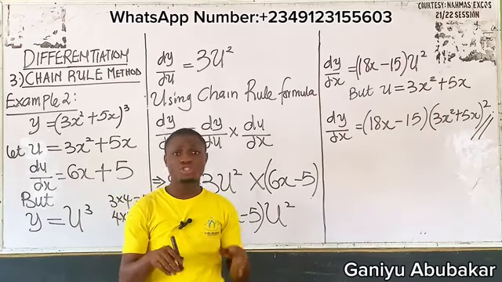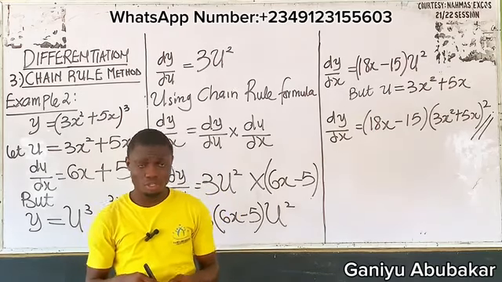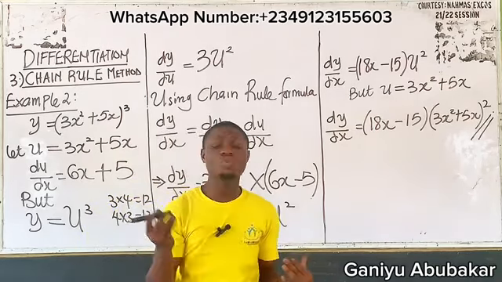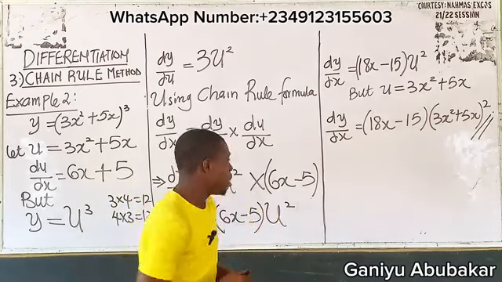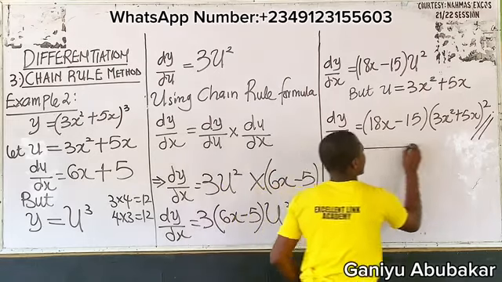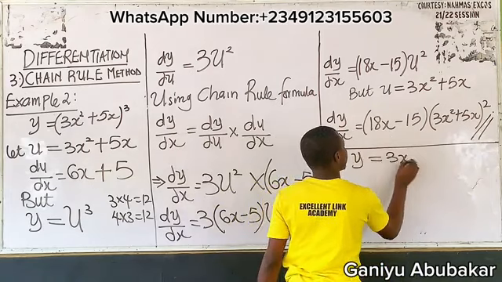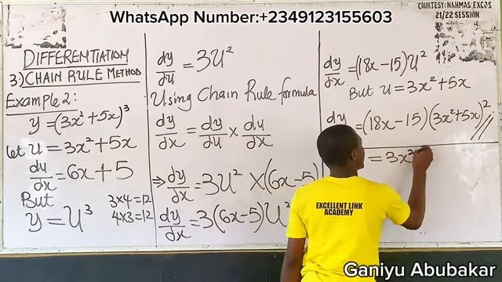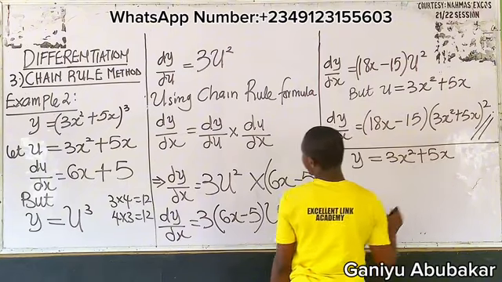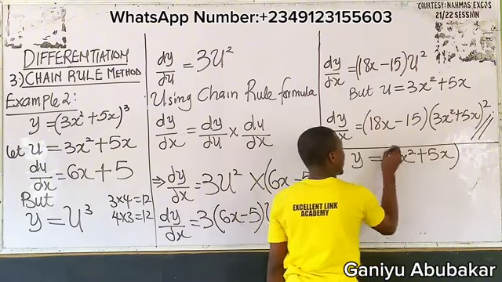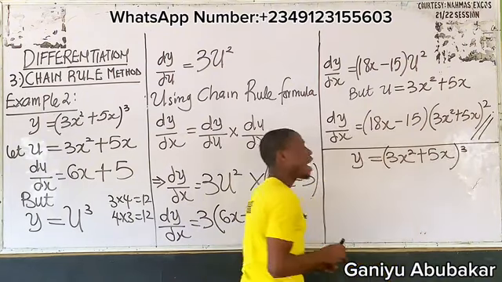Alright, let me just try to introduce the shortcut here, and then in our next class we'll look at the shortcut in full. So initially, my question here was y equal to 3x squared plus 5x, all to the power 3. I want to use the shortcut.